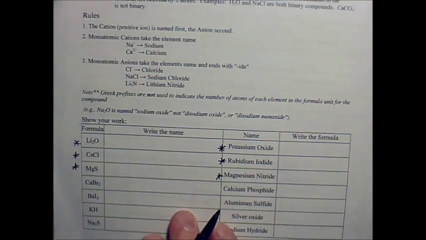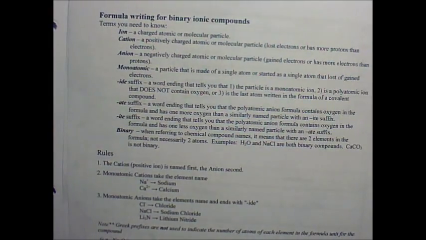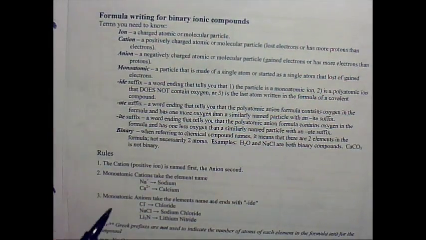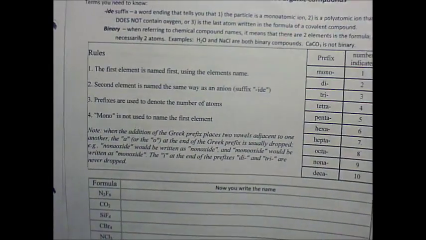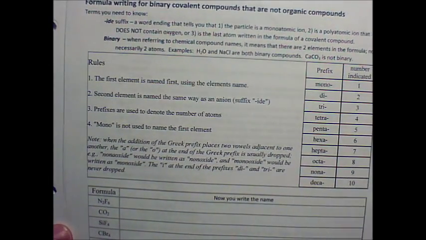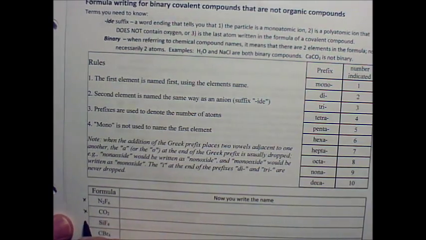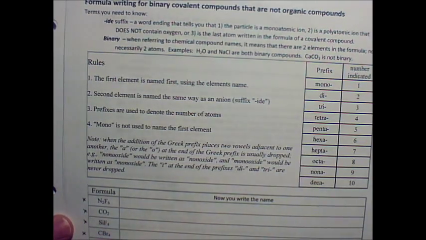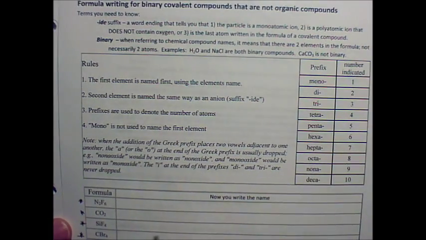This is the binary ionic compounds. Binary covalent compounds, we'll do 5 of those.